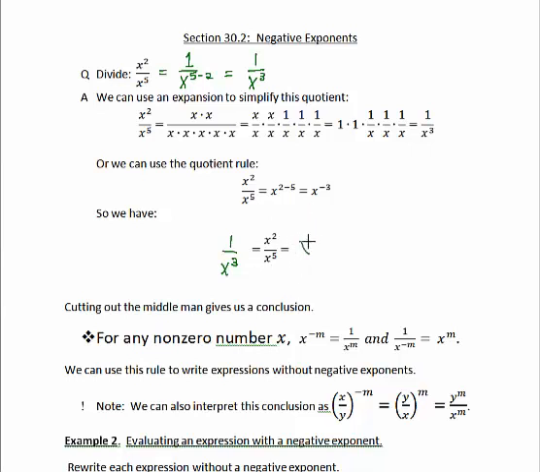Which is in turn equal to x to the negative 3, should we decide to move the exponent of 5 instead and subtract it from the 2. So these are equal expressions. All three of these are interchangeable.